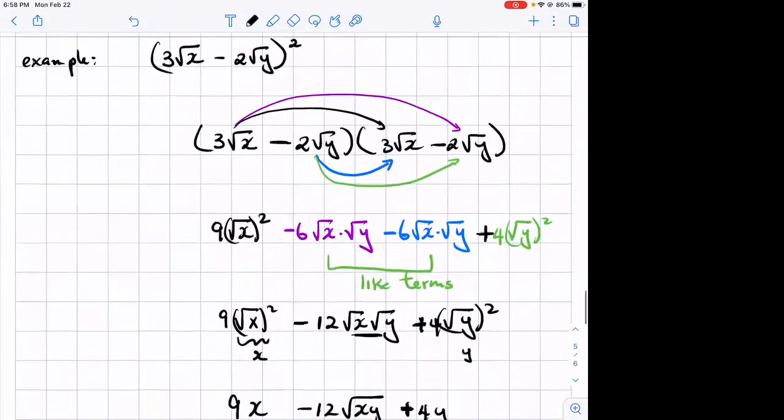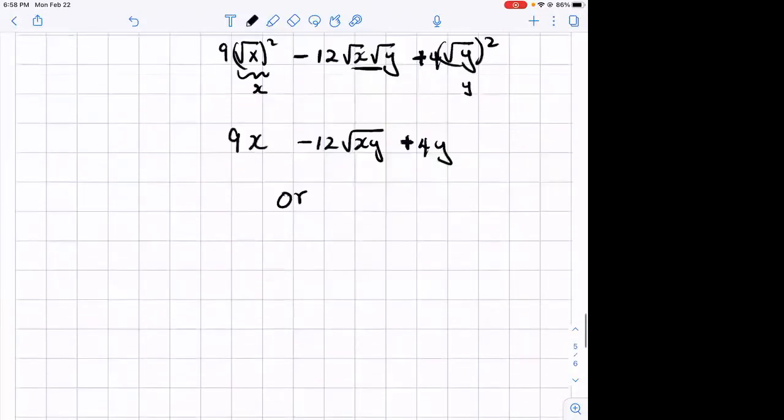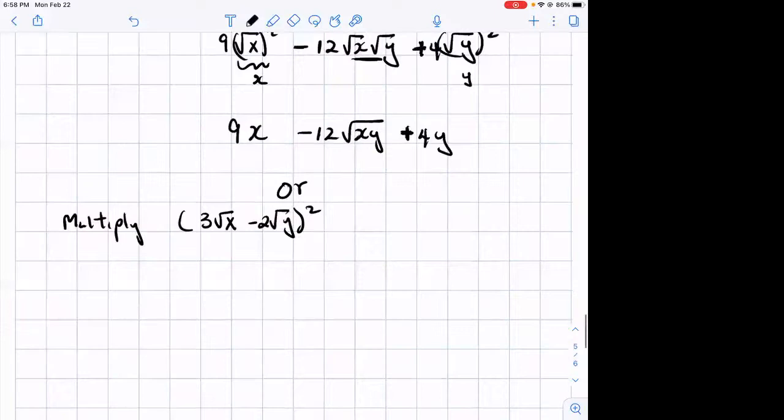Okay, now I said that we could have applied the formula. So alternatively, if I ask you to multiply 3 root x minus 2 root y squared, we know that when we have a square, we can apply the formula for square of difference, right?